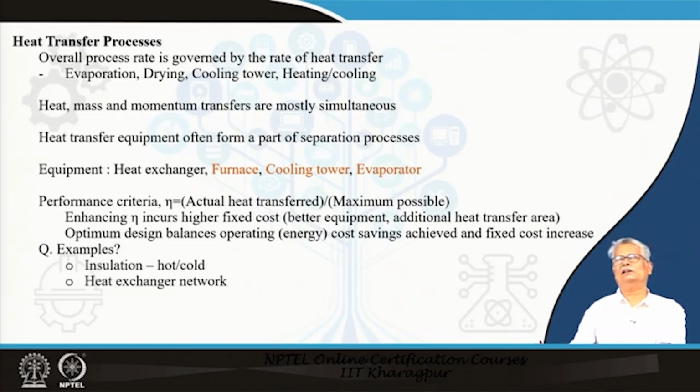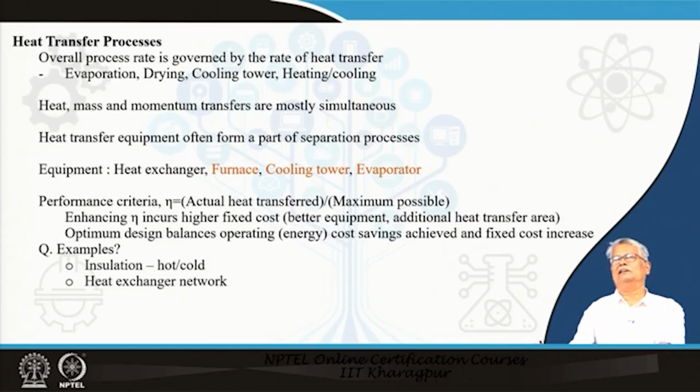Now, you definitely must have noticed that heat transfer equipment often form a part of the separation processes. Which all separation processes you have done? You have done strippers, you have done absorbers, you have done distillation columns. Whenever we talked about distillation columns, typically you had an overhead condenser for generating the liquid reflux to the column top.